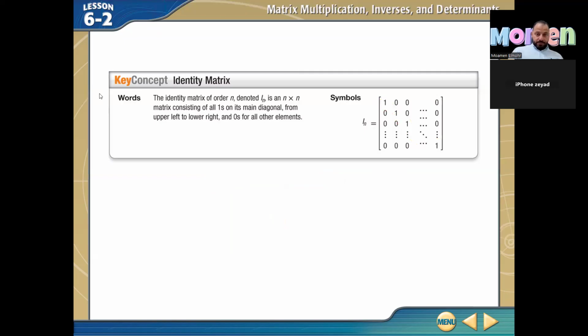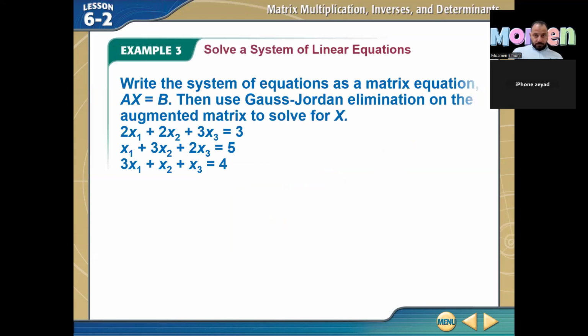Okay, we're going to solve a system of linear equations. To solve a system of linear equations, we will use some methods. The first 2 methods we talked about before are algebraically and graphically.